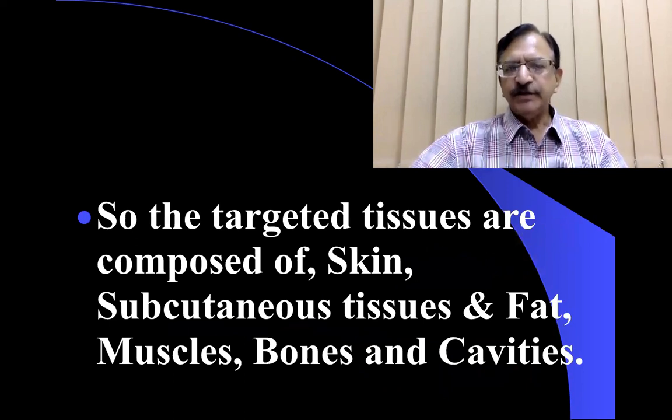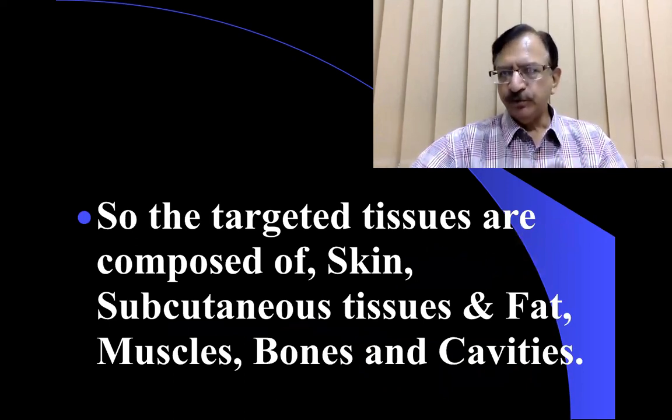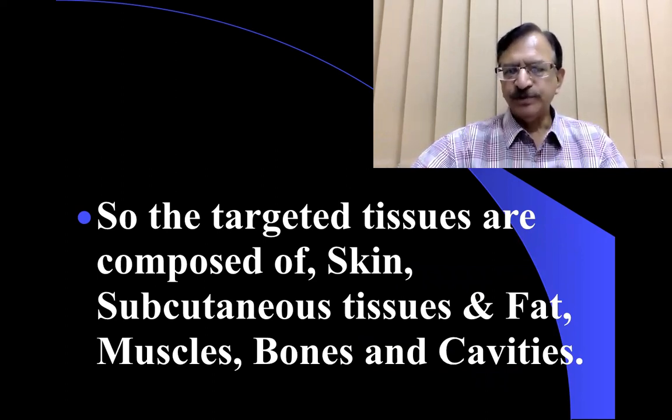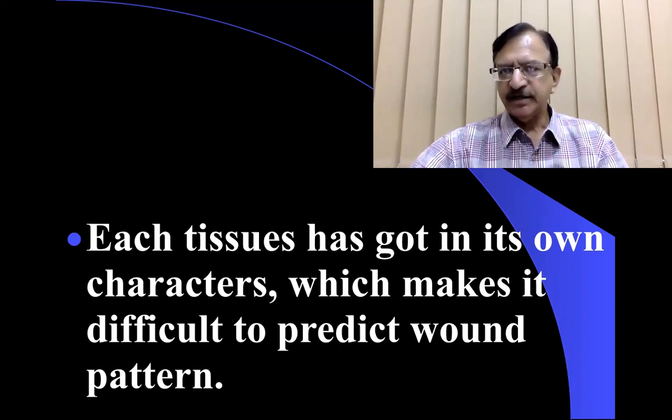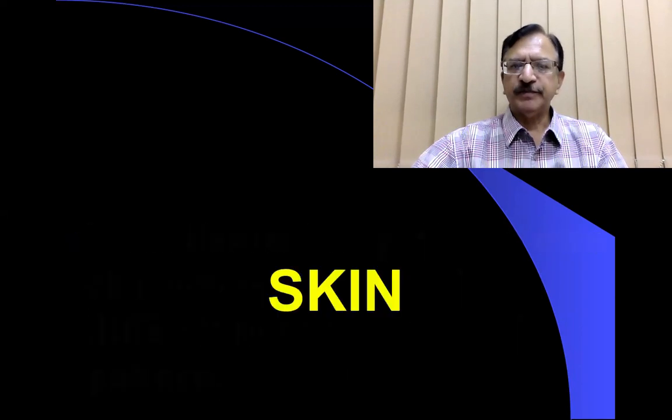So the targeted tissues are composed of skin, subcutaneous tissues, fat, muscles, bones, and cavities. And each tissue has its own character, which makes it difficult to predict the wound production. So first we discuss the skin.